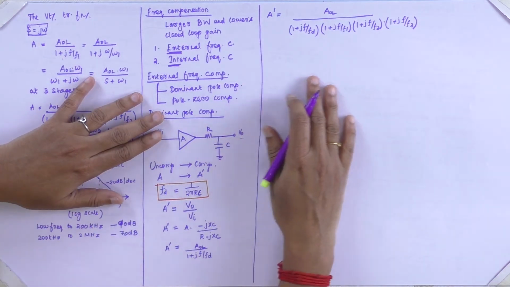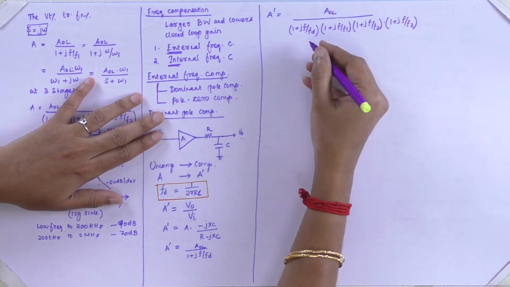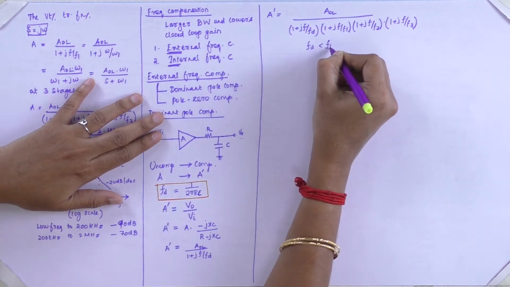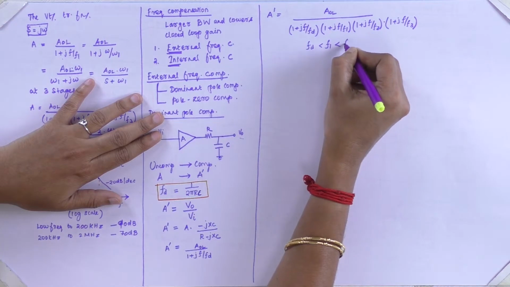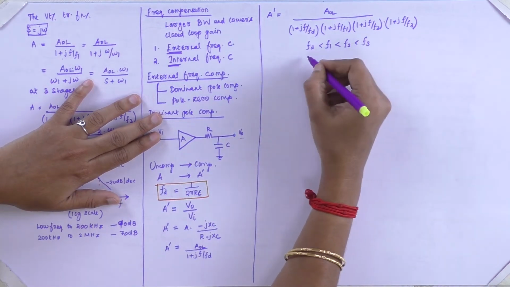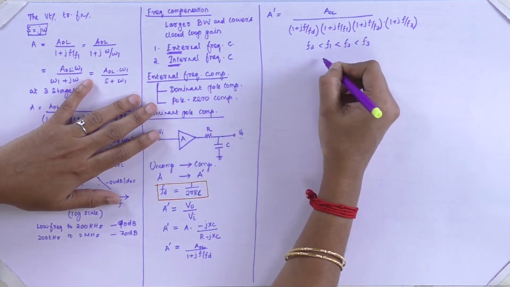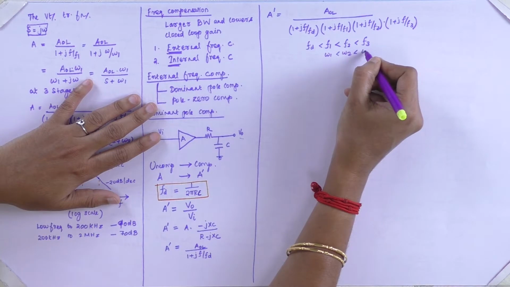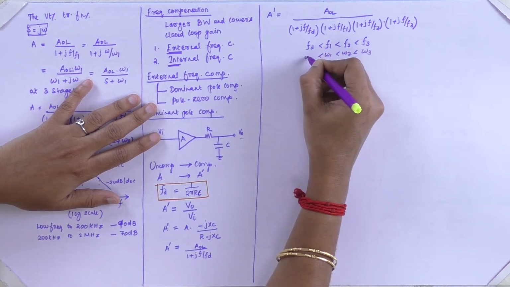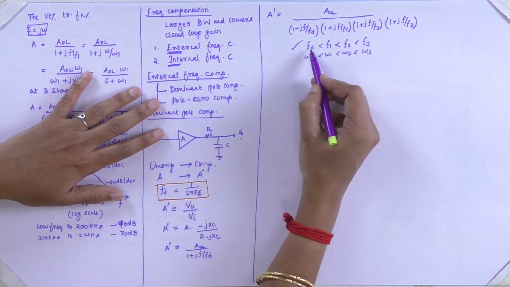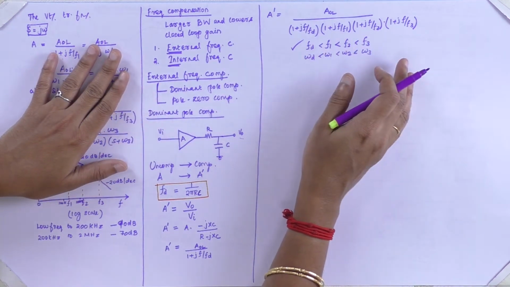It keeps on going, where the Fd frequency will be less than F1, F1 will be less than F2, and F2 will be less than F3. Similarly, we can write omega 1 less than omega 2 and less than omega 3, and like that for omega d. I have written in the frequency terms, so Fd will be less than F1, F2.